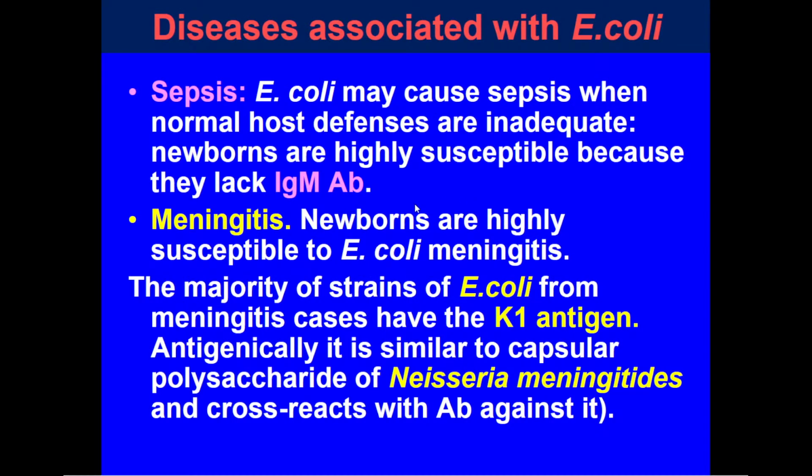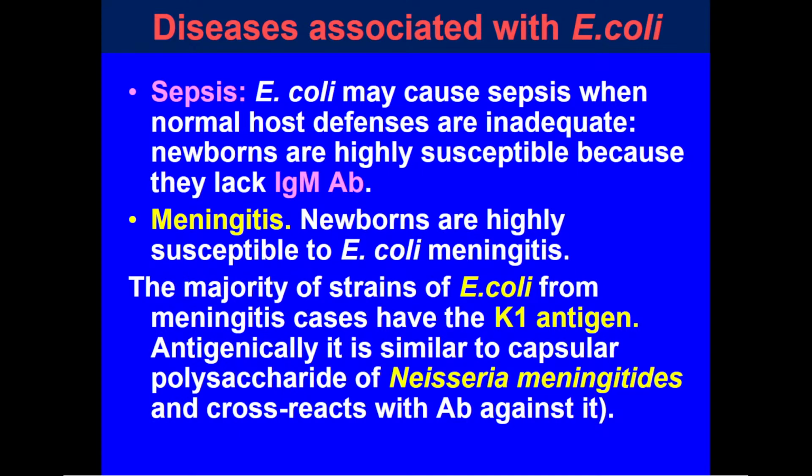So then the other group of diseases, except for the urinary tract, associated with Escherichia are sepsis. This is when E. coli, not killed by phagocytes, may enter the bloodstream, and usually it may happen when the immune system is not working adequately.